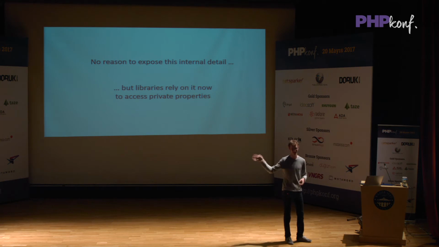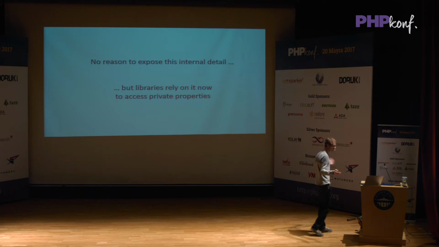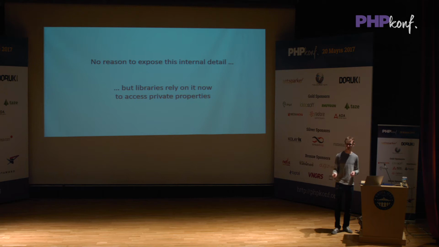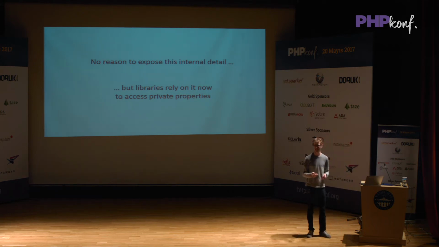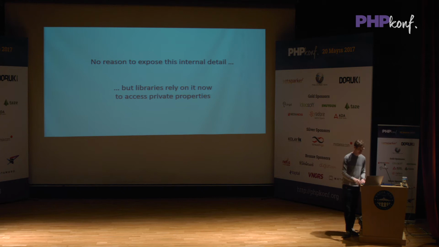So instead, they do this cast and get the value. And because they do it and their code relies on it, we can no longer change it. That's usually the case when you encounter weird things in PHP. That's always the reason: backwards compatibility. It's both a feature and a hindrance.